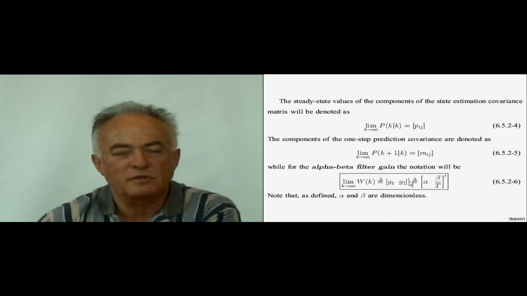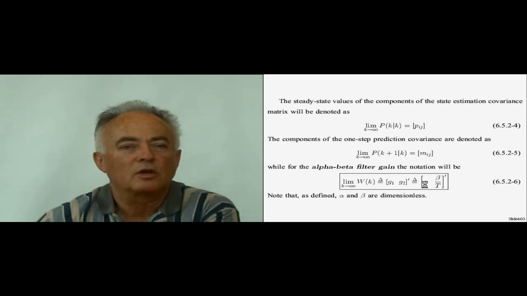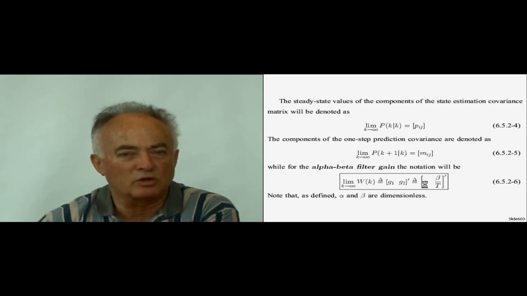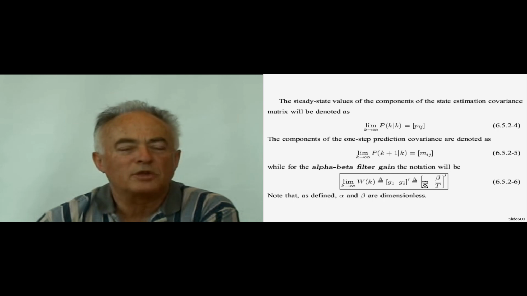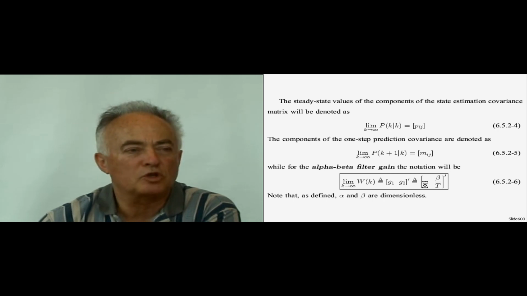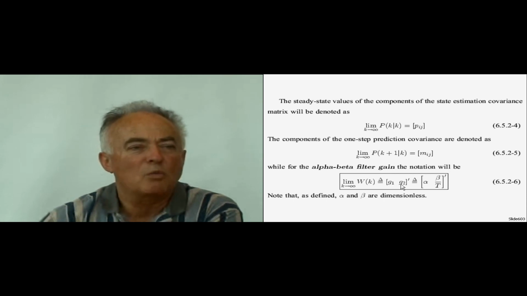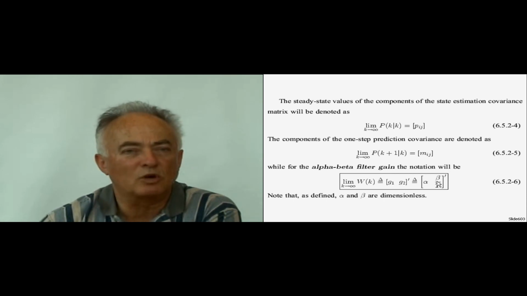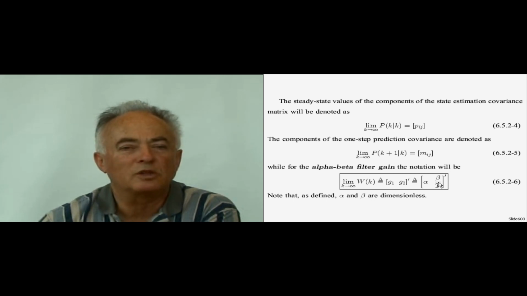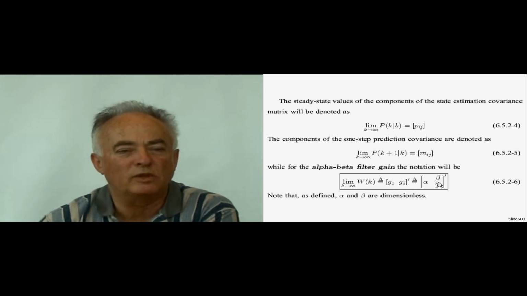But remember, the observation is a position measurement. When you update with a position component, you will use a dimensionless quantity, which we now denote as alpha. So g1 is alpha. When you update a velocity component with a position measurement, you need a quantity that has dimension 1 over time.